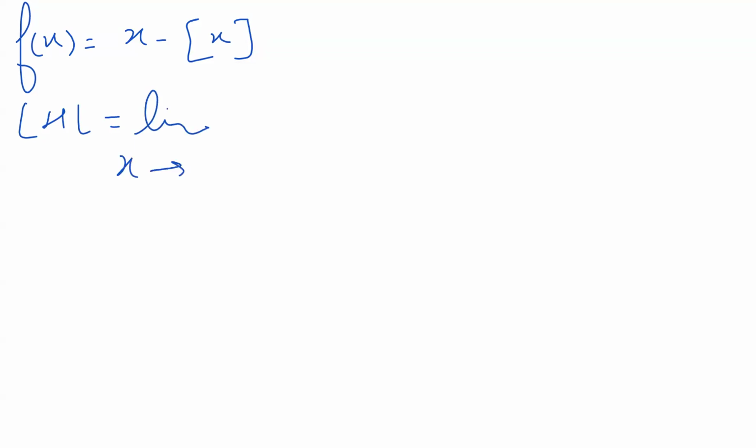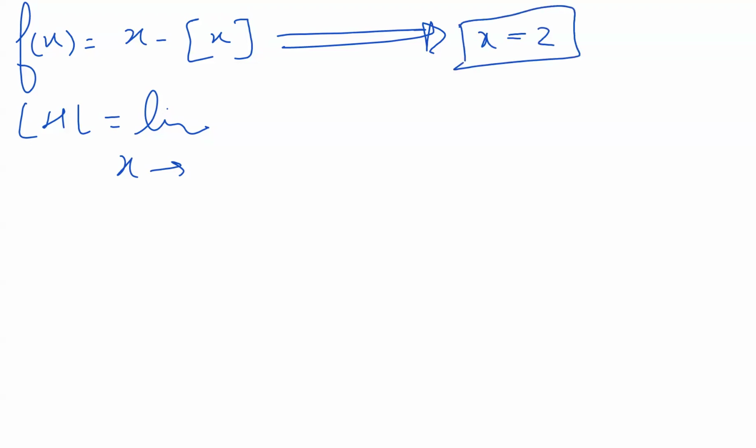LHL, limit x approaching. So this has to be proved continuous at x equal to any integer value. So let's for example take x is equal to 2. As an example we are taking. We can do that in exam. 2 is an integer, so we are just assuming to find out whether it is continuous or discontinuous at integral points. So 2 minus, as an example, I'm taking 2.